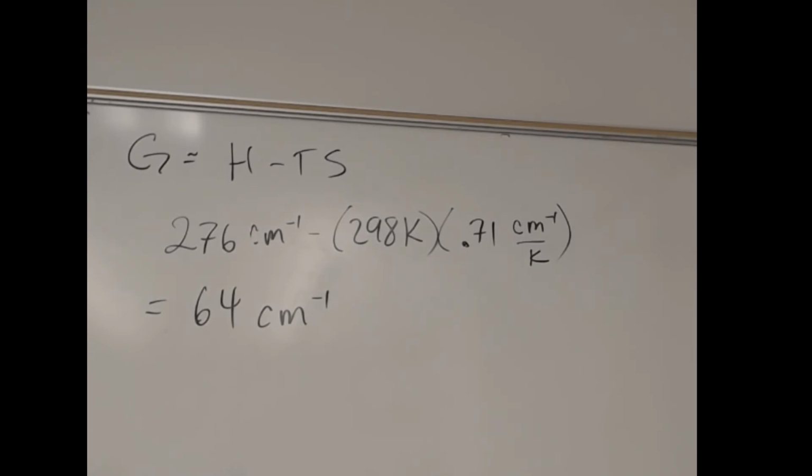Negative 115. So 64 and negative 115. So go ahead and take negative 115 and subtract 64 to get the delta G. I got negative 179. Negative 179, very close.